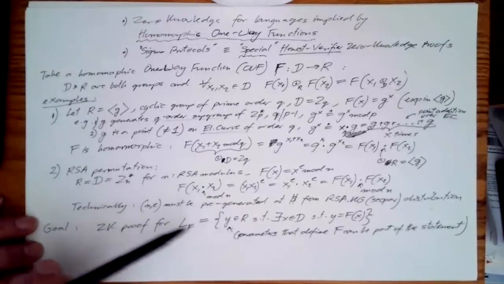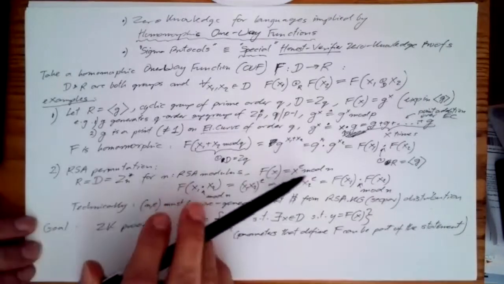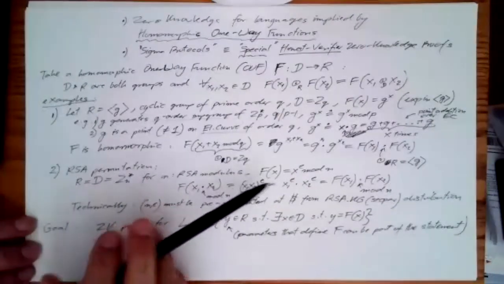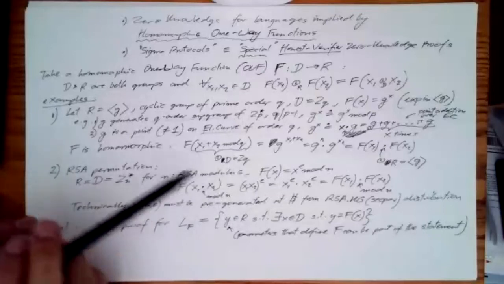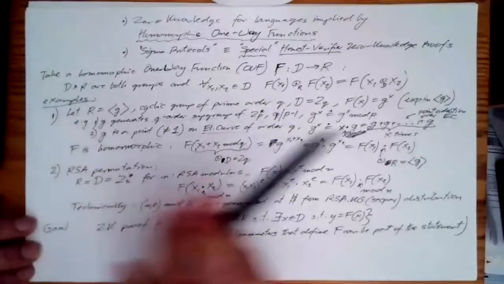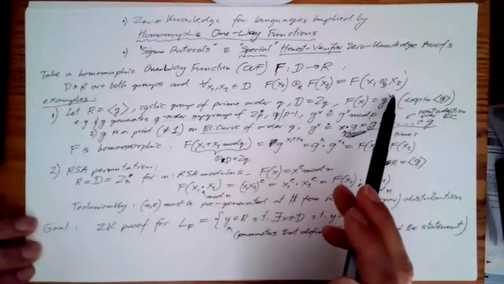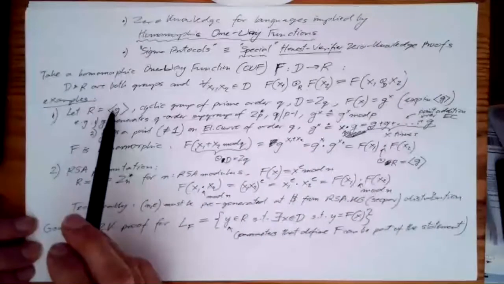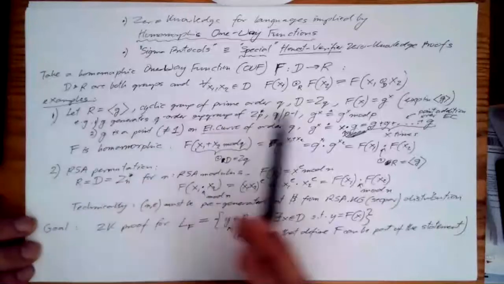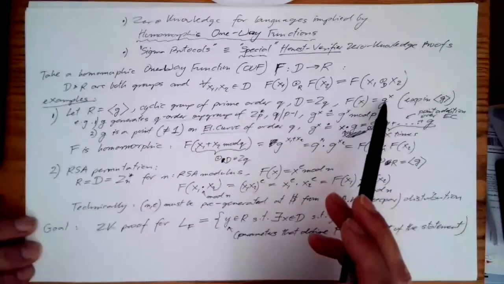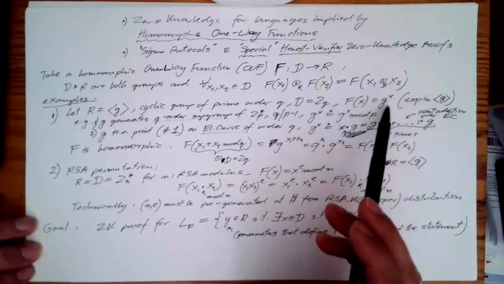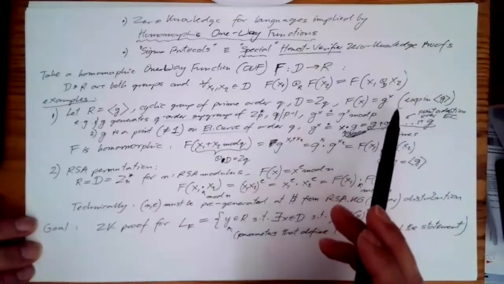Now, this language is trivial if the function is this one, because everything in Zn star is an e-th root of something else. Likewise, for this one-way function, every group element G is a generator of the group. So every element in the group is generated by G, and therefore every element can be explained as G to something.